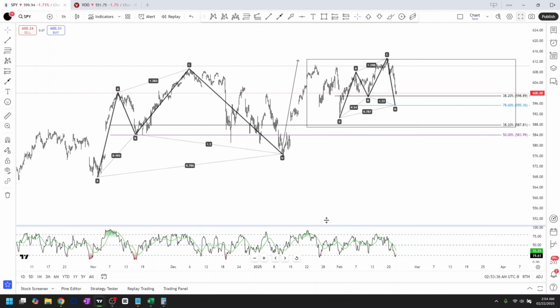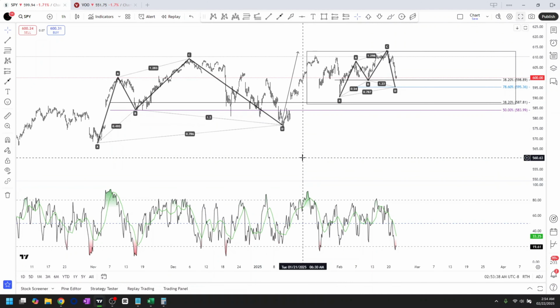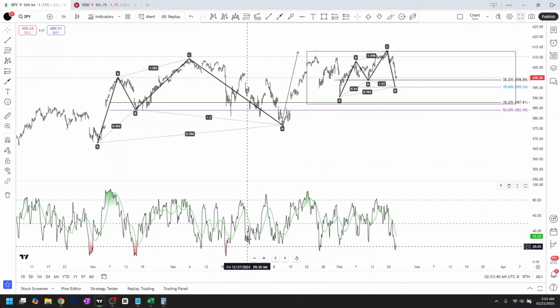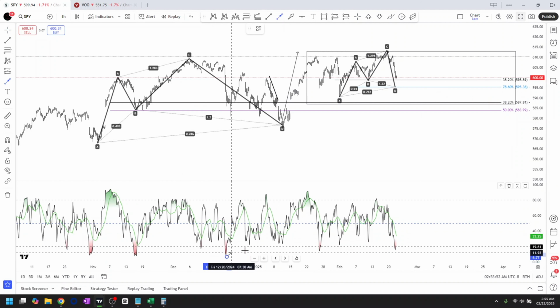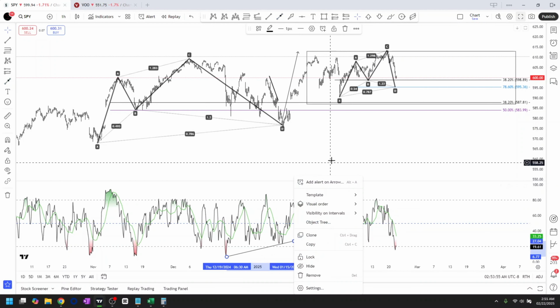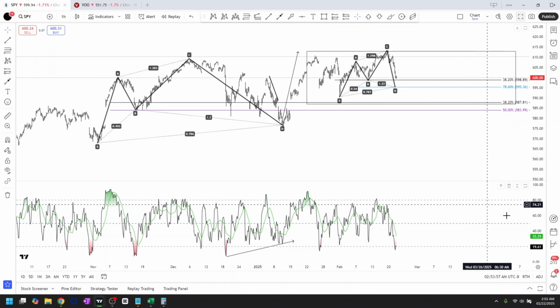Now, if we jump down and look at the RSI, remember we had the oversold condition, and when this price action looked like it was coming down, the price chart is printing bearish, but the RSI was printing upwards. Okay, so hopefully stop the video and take a screenshot, because that's what you are going to look for in terms of divergence.